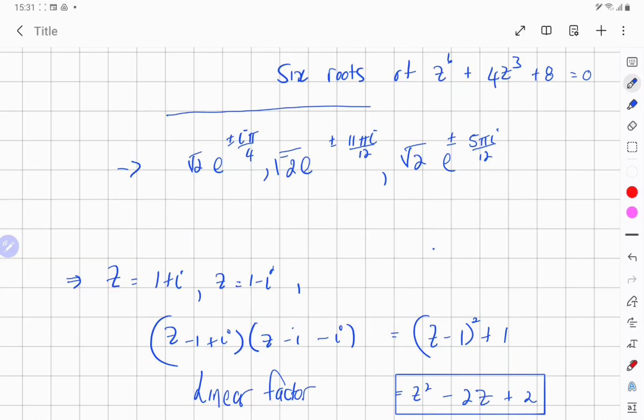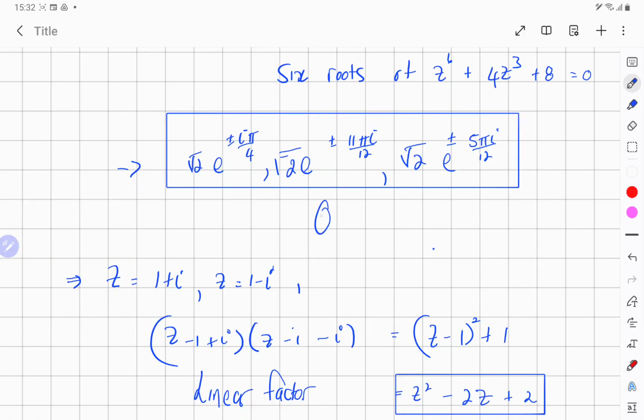And we now have these 6 roots. But remember the question was to find a quadratic equation with real roots.